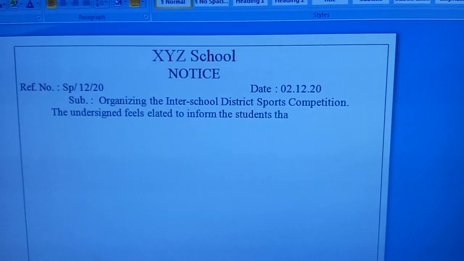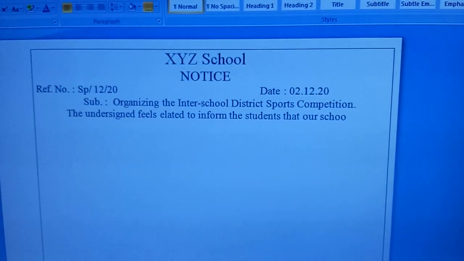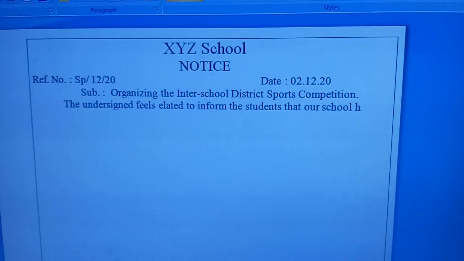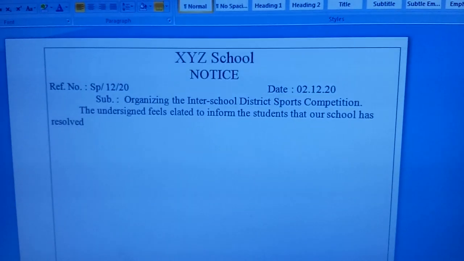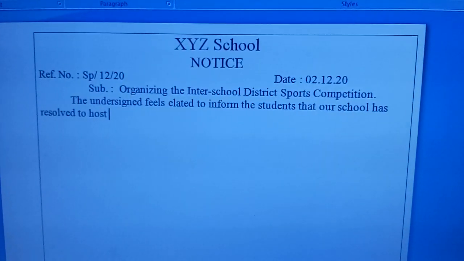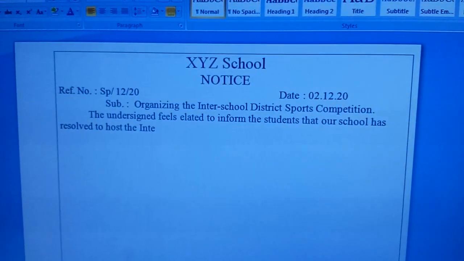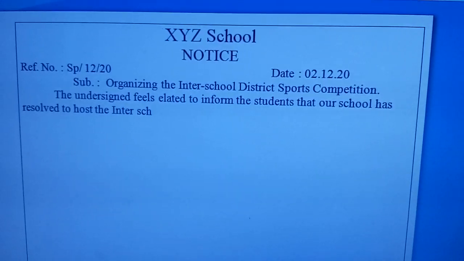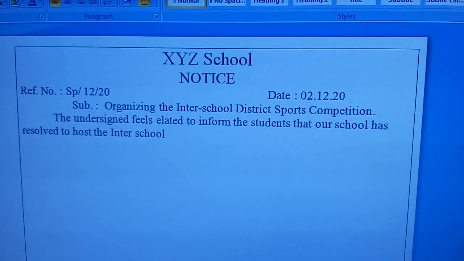that our school has resolved to host the inter-school district sports competition.